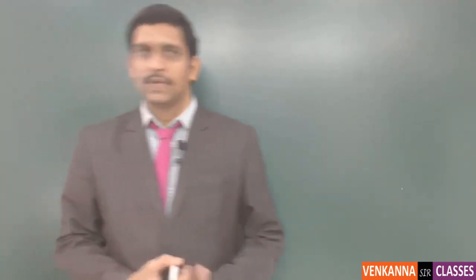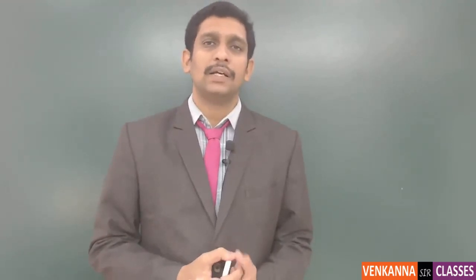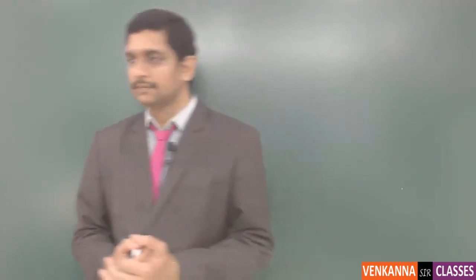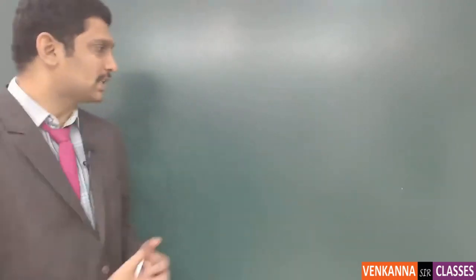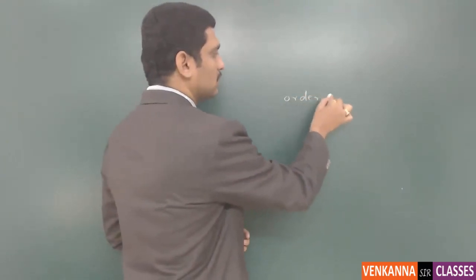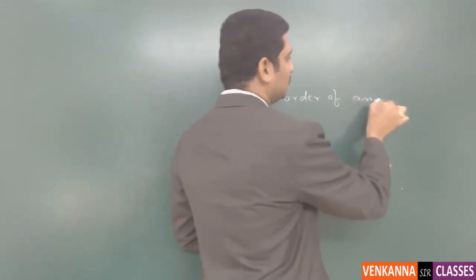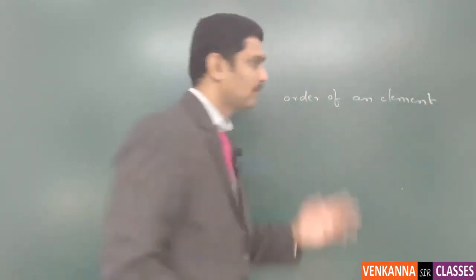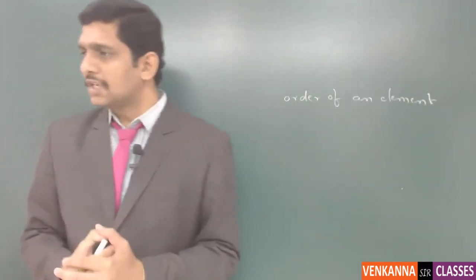So let us begin our today's session. Before that, any queries on the previous session to anyone? There we have discussed the concept of order of an element. Can you recollect the definition one more time?